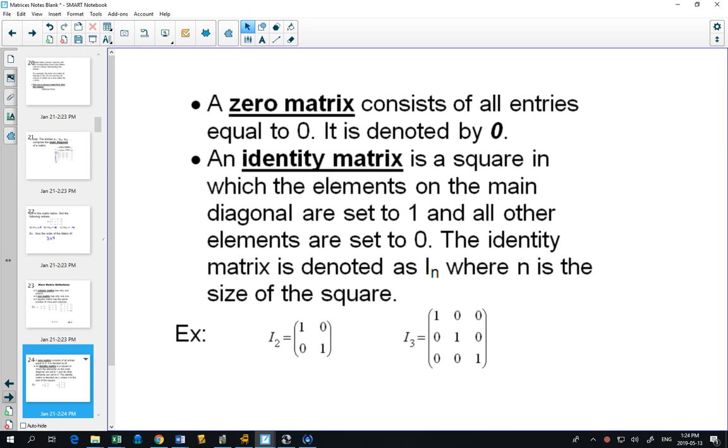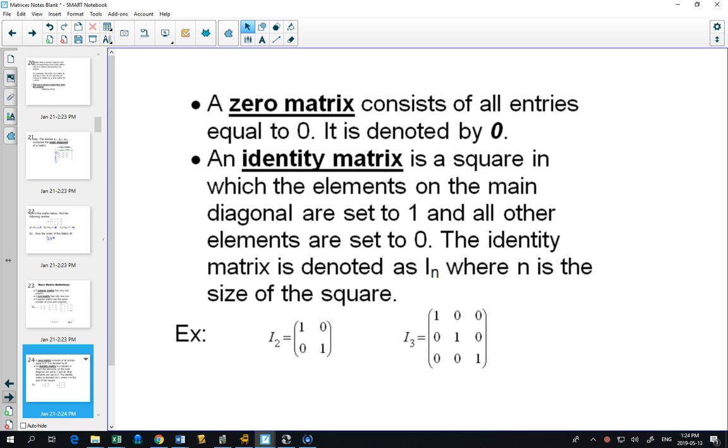It has 1s along the diagonal and 0s everywhere else. And it has to be a square matrix. Now, we don't know where this comes into effect, but later on, we're going to need this matrix for a number of things. The identity matrix is going to be important for multiplying.